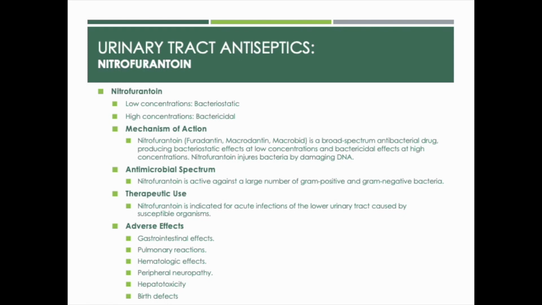To reduce this risk, especially in patients that are on it prophylactically or taking it for a long time, you want to check their liver function tests. And those patients that are showing signs of liver injury, obviously discontinue the nitrofurantoin immediately, and then make sure you chart it and they know that they should never use this drug again.